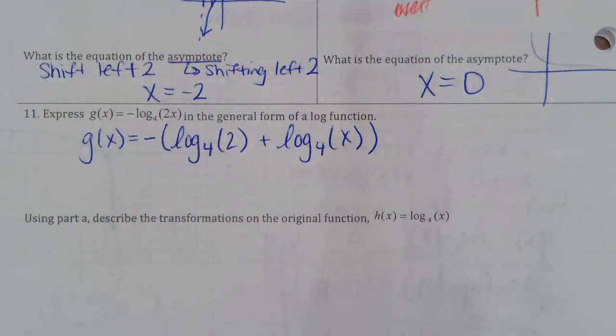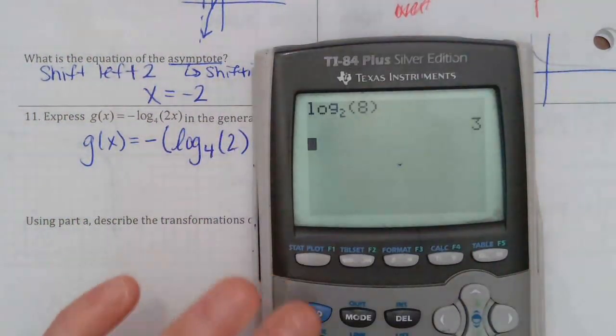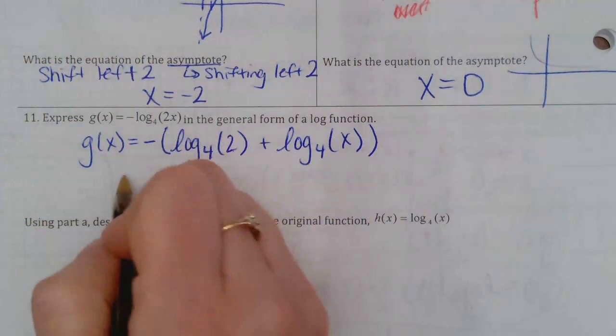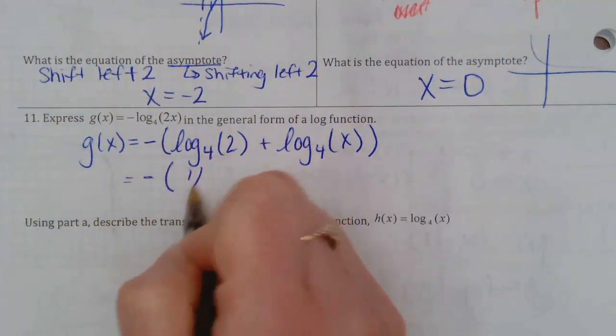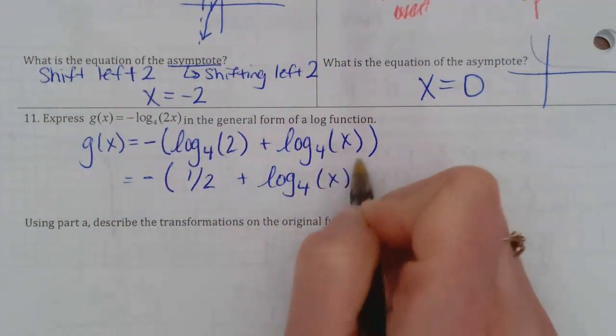If you're wondering why I put parentheses around it, it's because the entire log has a negative in front of it. So though I'm expanding it, that negative has to apply to everything within that log. All right, log base 4 of 2. Again, if you can figure out in your head, that's great. Log base 4 of 2 is 0.5 or 1/2. So we have negative parentheses 1/2 plus log base 4 of x.